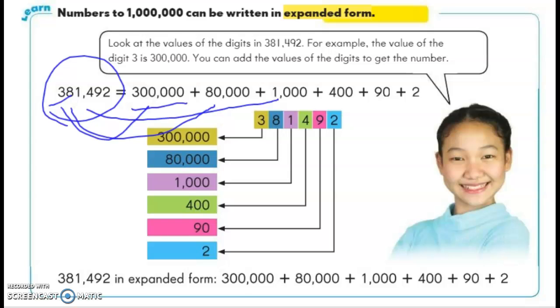What's the value of the 8? 80,000, etc. So we have each number represented. The 4 is worth 400, the 9 is worth 90, and then the 2 is just worth 2. If we have a 0, we don't have to write it, but you could leave a 0 in one of the spaces. All right, so you're taking the values and just writing them together.